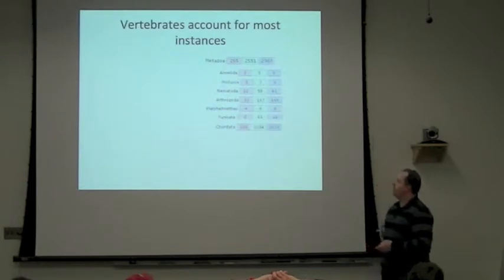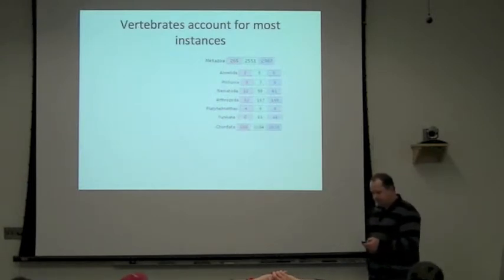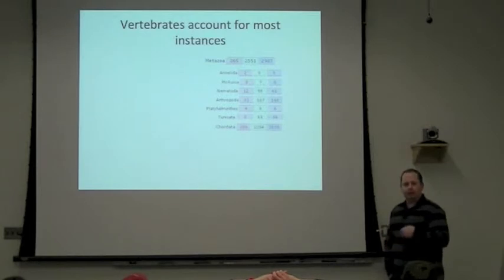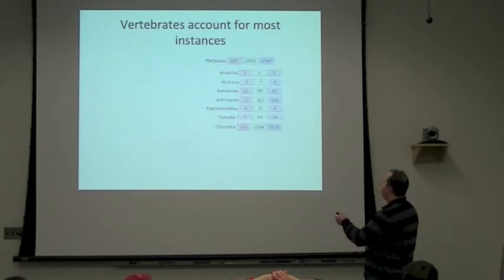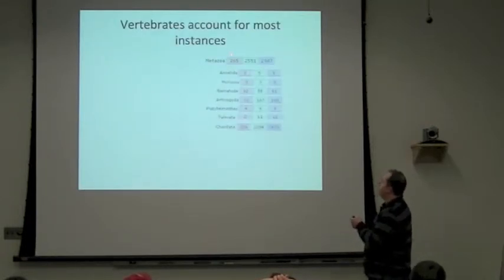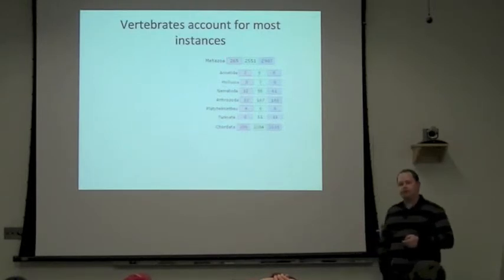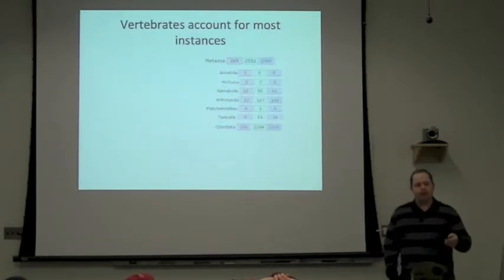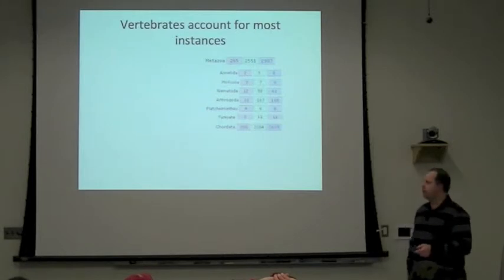But when we find it in metazoa, this sort of table is taken right from one of the websites that searches for these things. At the top, you'll notice metazoans. There are 265 species. So the number of species that are known to have this domain are listed.